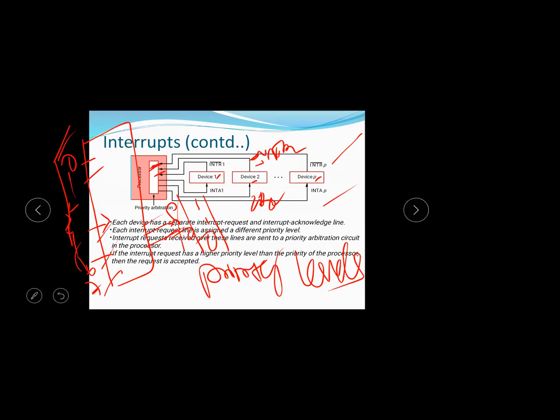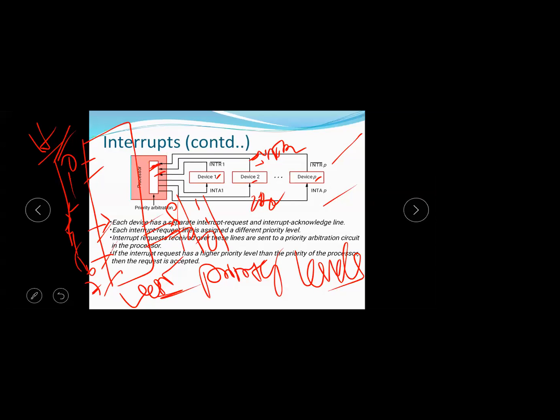Generally in some encoders, 0 is the highest priority and 7 is the least priority. You have to give the priority levels to the inputs 0 to 7. Generally 0 has the least priority and 7 the highest priority. Otherwise, while designing, 0 can be given the highest priority and 7 the least priority.